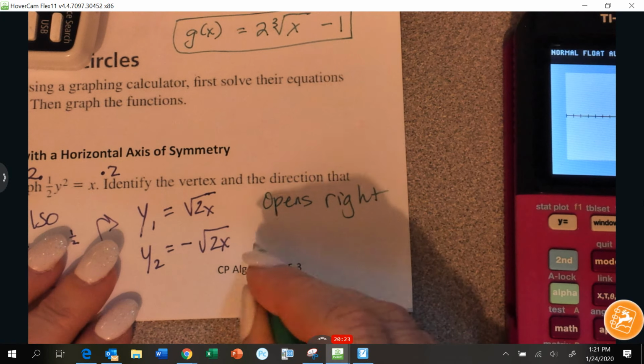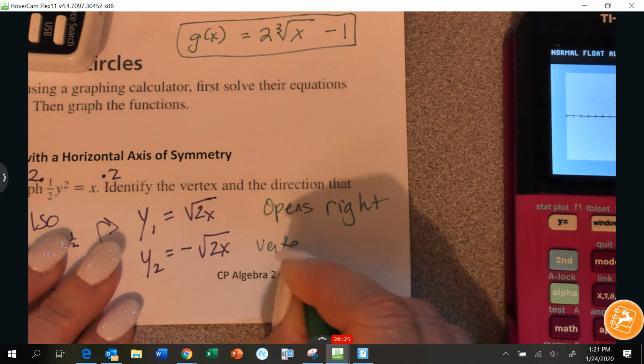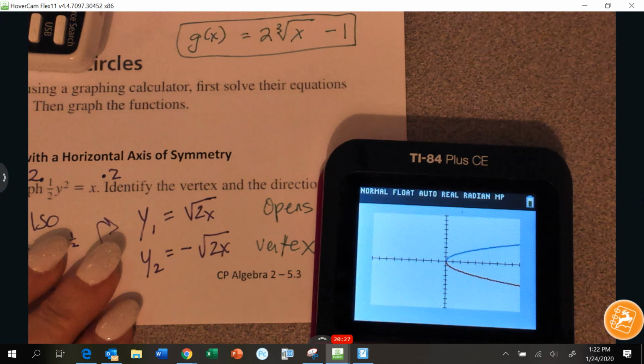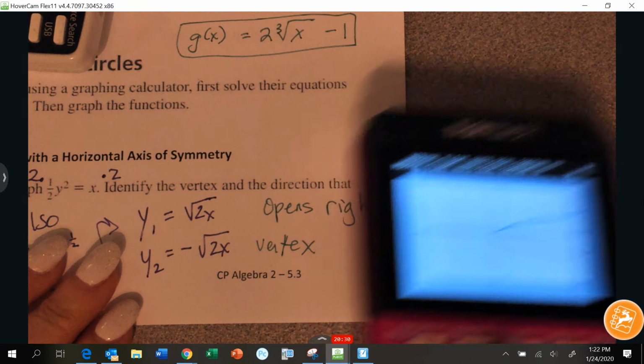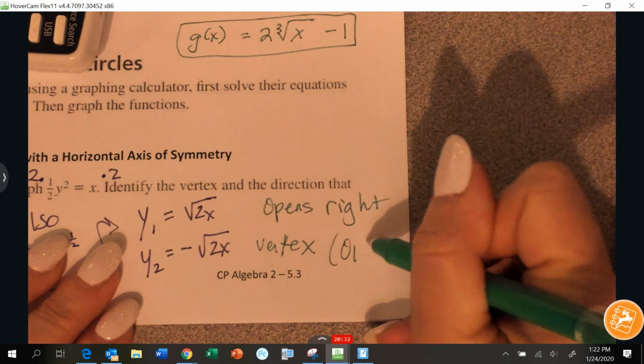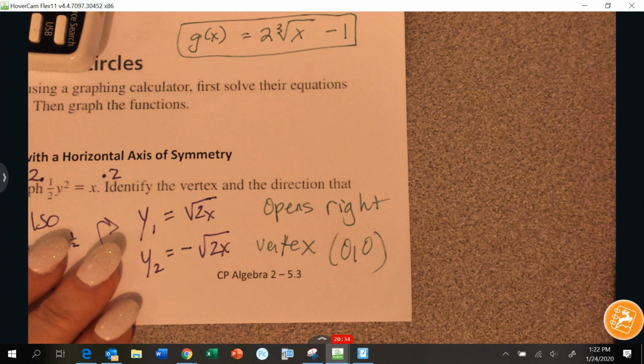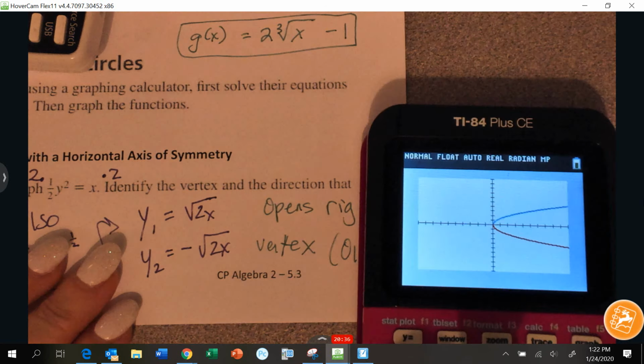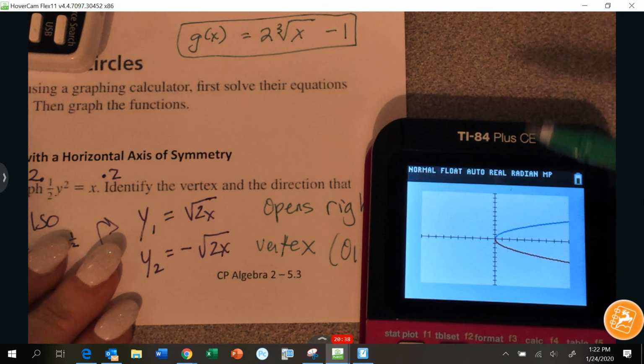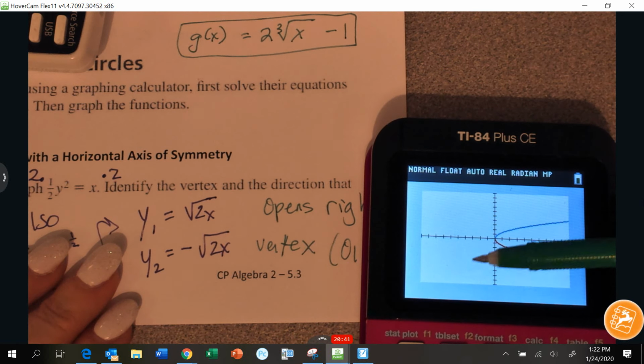And then it also asks us to find the vertex. If you look carefully, it's at 0, 0. How do you find the vertex with the calculator? Well, you won't be able to, because it's two different equations.